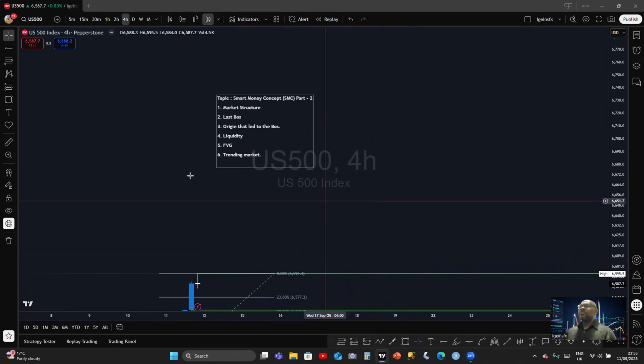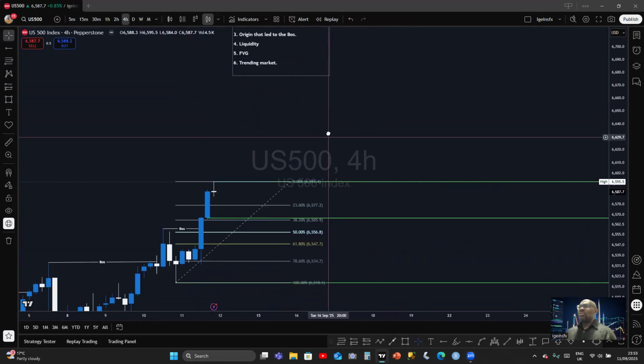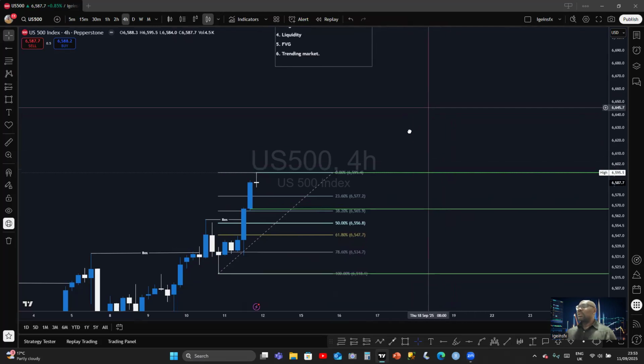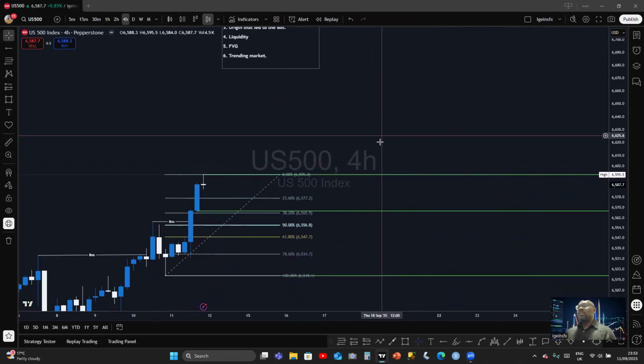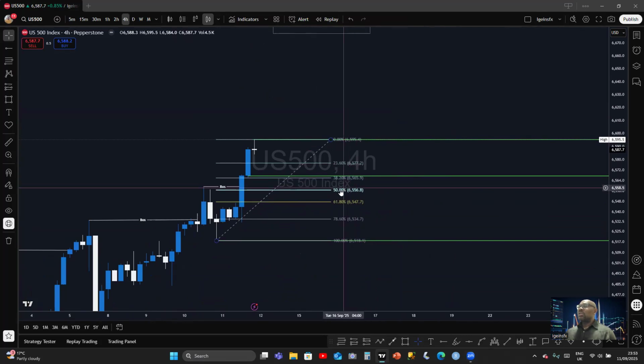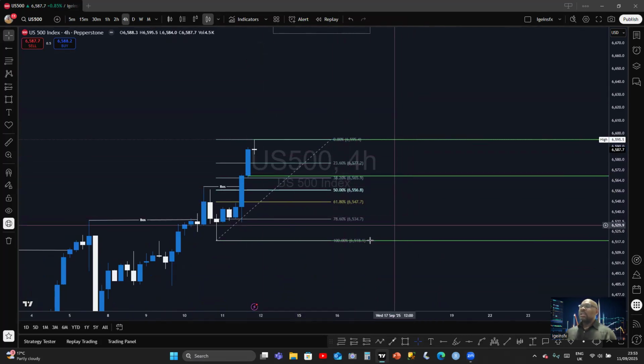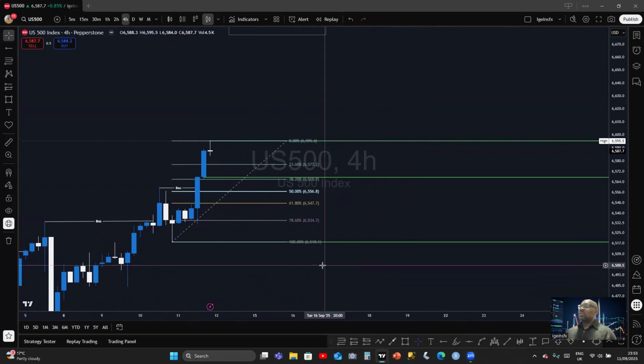All right. Market structure is key, it is the foundation of trading. You must know when to buy and when to sell. You must know if a trend is bullish or bearish, or rather is consolidating.